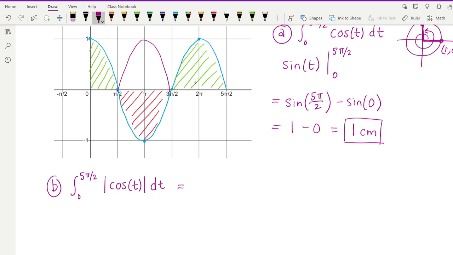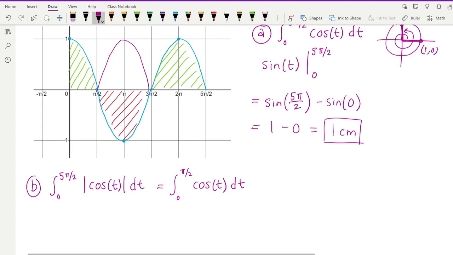So the part of the graph from 0 to pi over 2, that's okay as it is, right? Because that part of the graph is already positive, and we want to count all the distance as positive in this part of the question. Now, the next part of the graph, the integral from pi over 2 to 3 pi over 2, that's where the graph is actually below the t-axis.